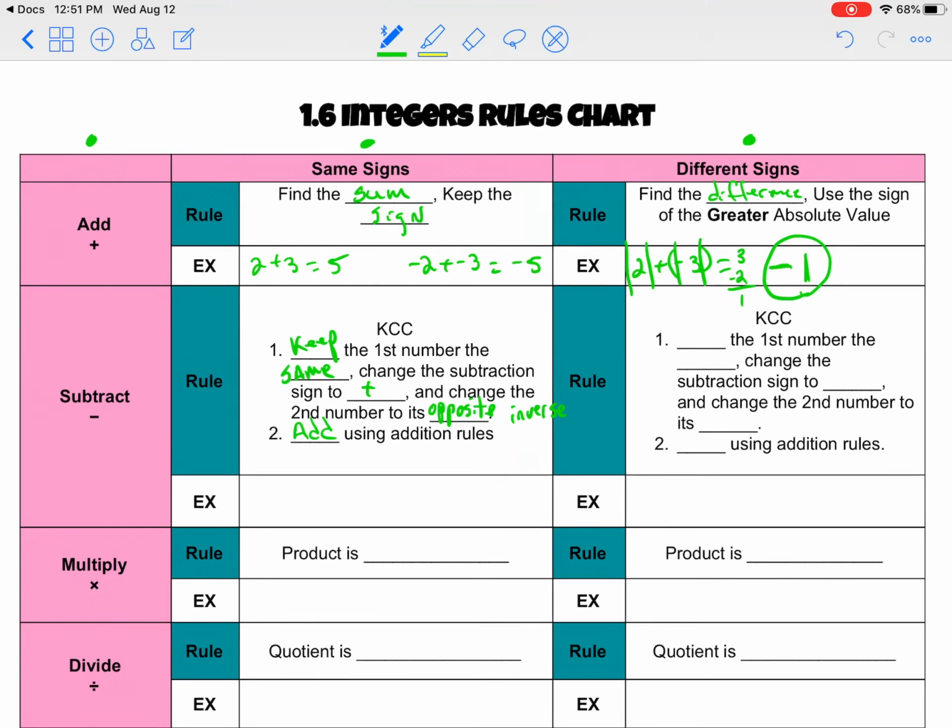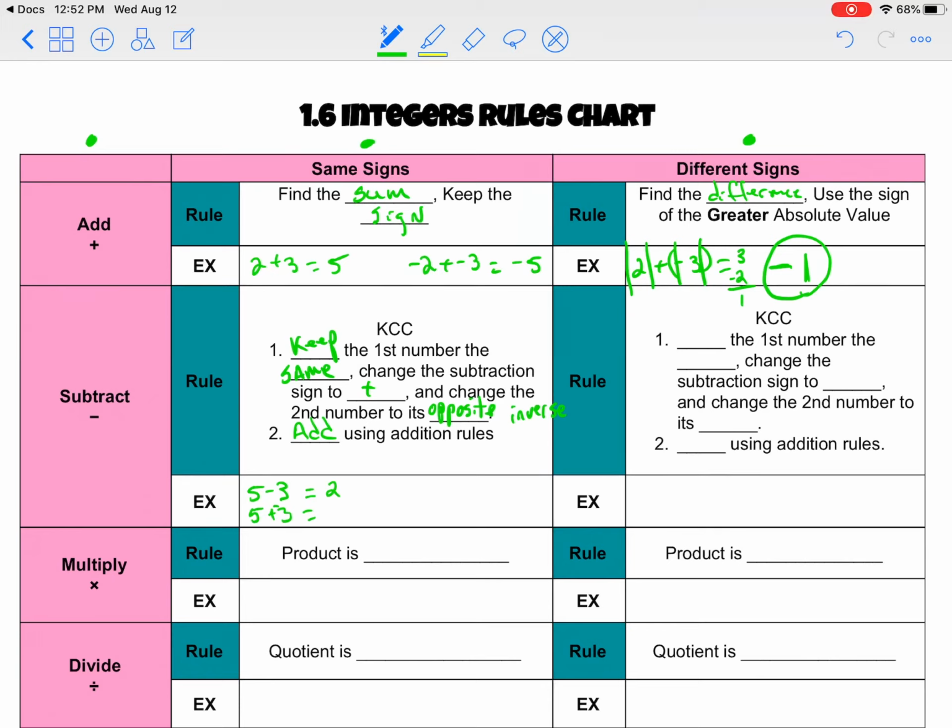Here's what I mean. 5 minus 3 equals what? Well, we could say 5 minus 3 equals 2. We can say that. We can also do this. I'm going to rewrite it down here: 5 plus a negative 3.